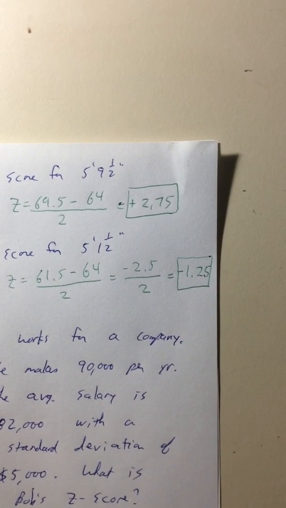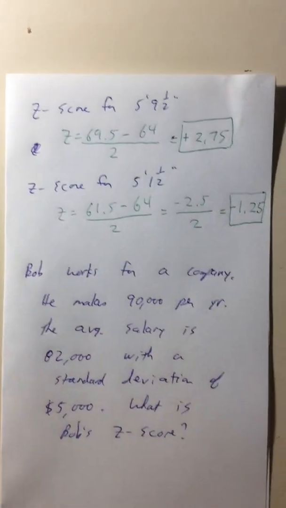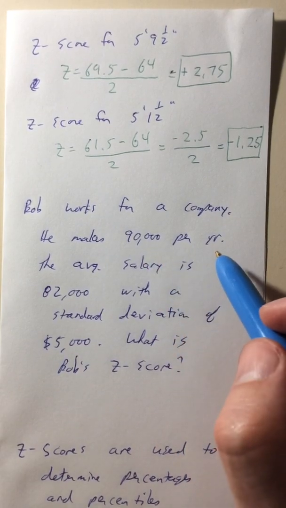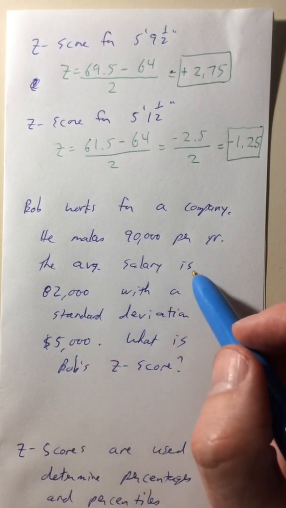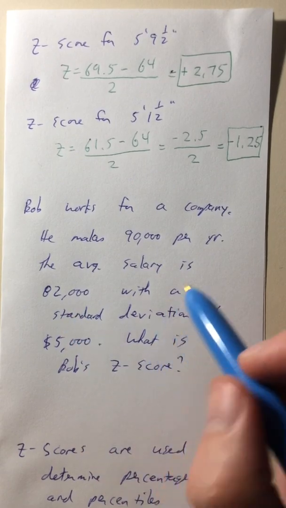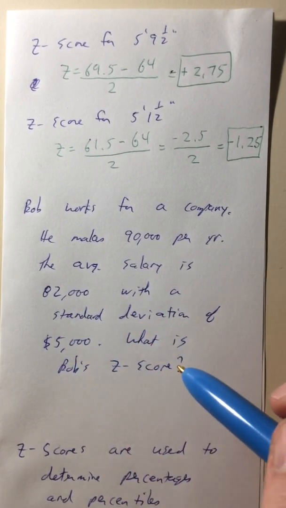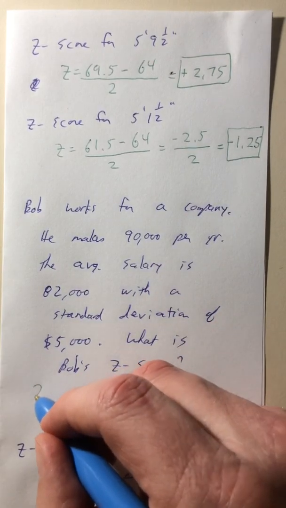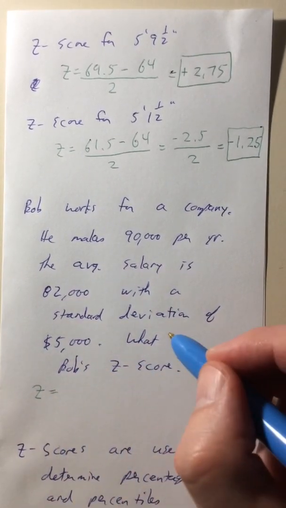Okay, so let's do these with some context. Bob works for a company. He makes $90,000 a year. The average salary at his company is $82,000 with a standard deviation of 5,000. What is Bob's z-score? No problem. Same formula, easy stuff.